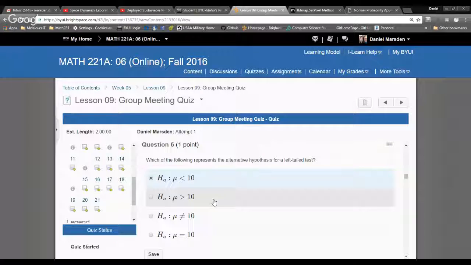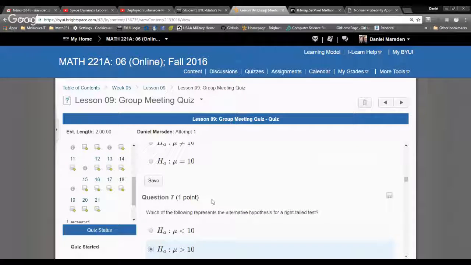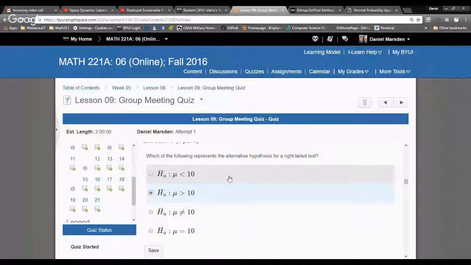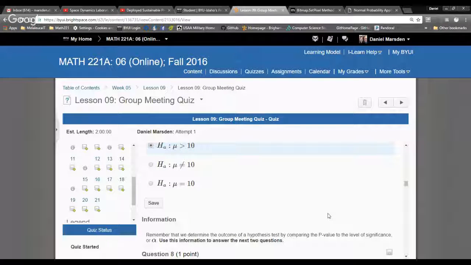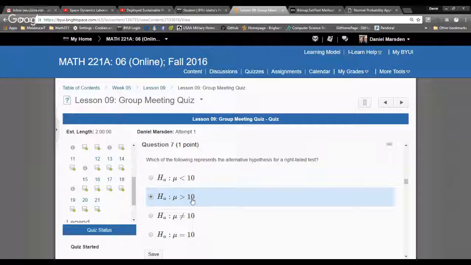Yeah, that's what I think at least. And then the right would be opposite. So right would be B, the greater than one? Yeah, I think so. All right, sounds good.